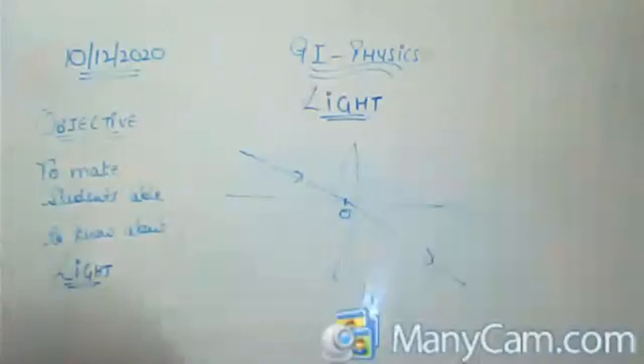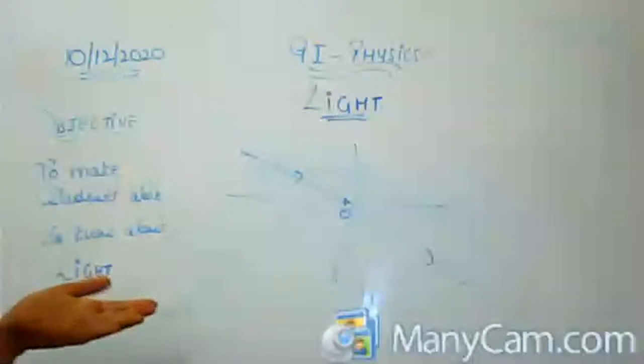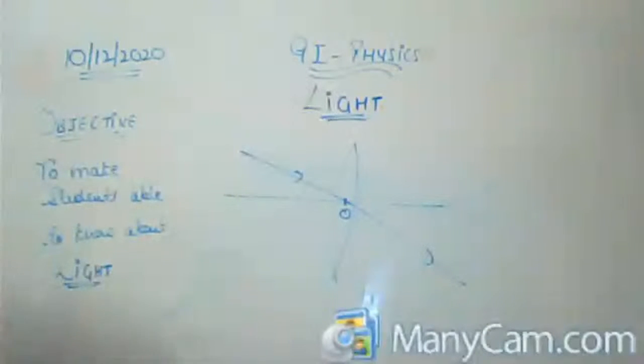Next is, if the incident ray is parallel to the principal axis, then it will pass through focus. Third is, if it is first passing through focus, then it will be going parallel. I guess these 3 are clear.